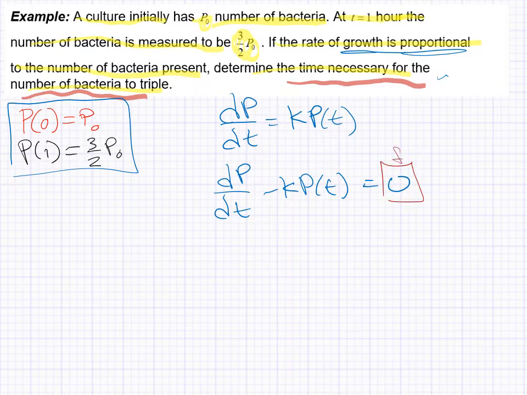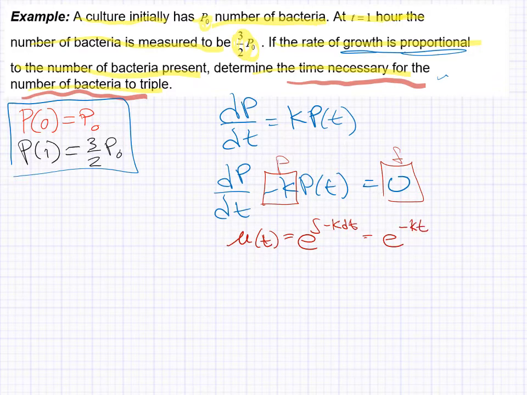That's my F. And here is your P, not the same P, but this is the P that we would use for our integrating factor. So we have our integrating factor mu of t to be e to the integral of negative k dt, which would give us e to the negative kt.